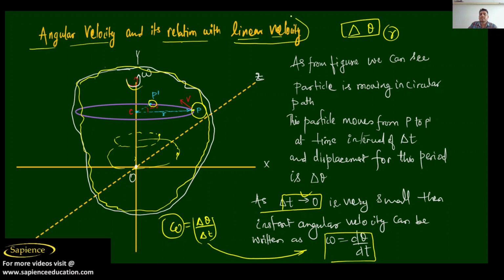Now its relation with the linear velocity. When a particle is at a point p, for that instant v is your linear velocity, and omega is the angular velocity. Now how to find a relation between these two?